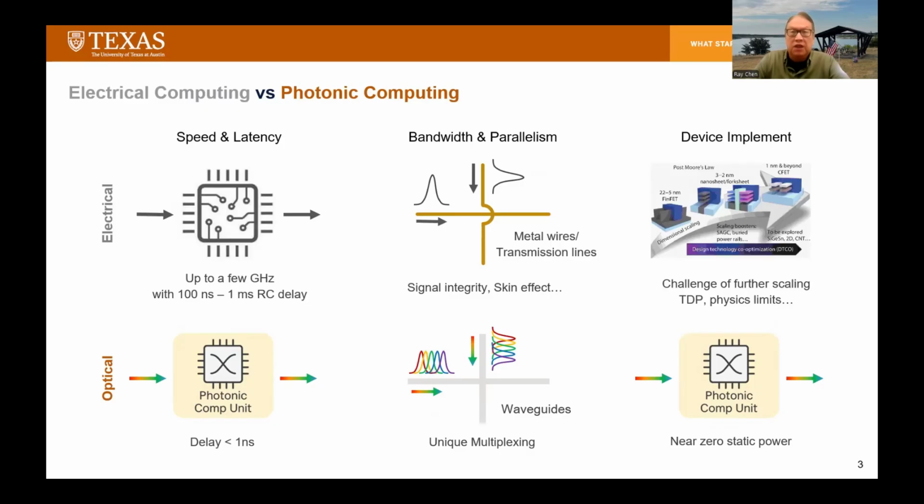We have a unique multiplexing technology in our case, using WDM to pack many channels into a single waveguide for high bandwidth and parallelism. Also, the power consumption of transistor-based ICs has a cubic relation with the clock frequency, while photonic electronic platforms have reached sub-picojoule per bit efficiency, scale linearly with the frequency, and have near zero static power.